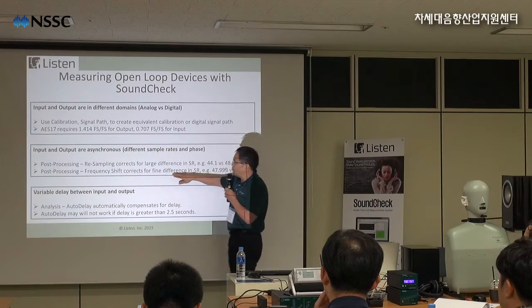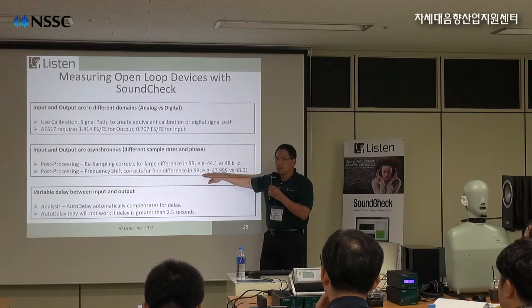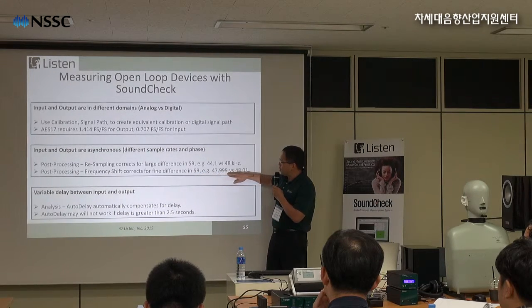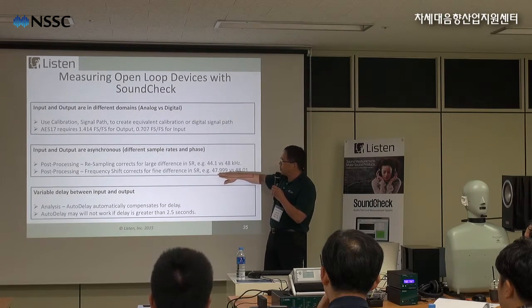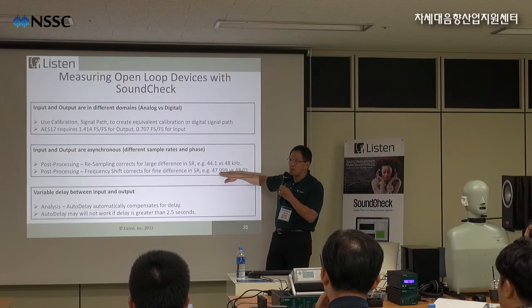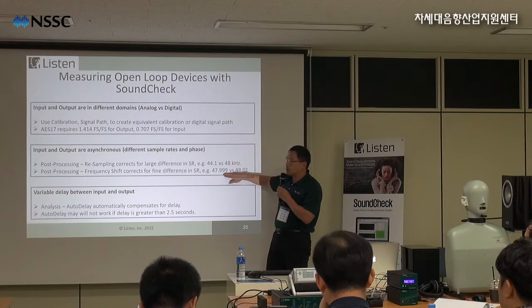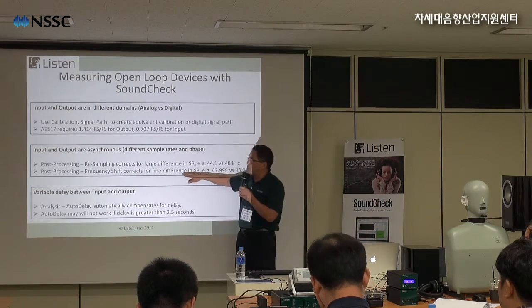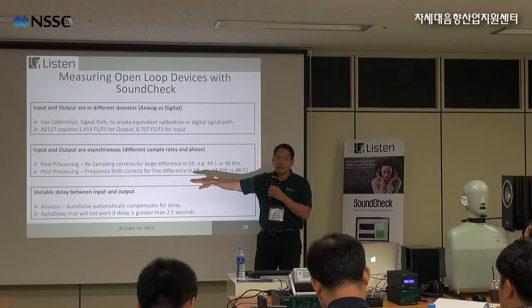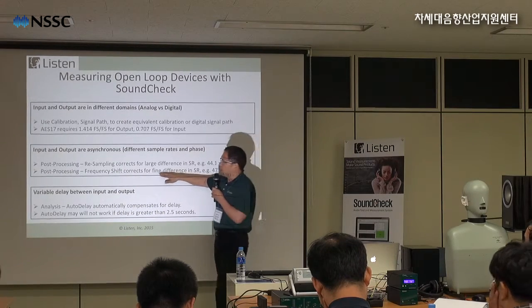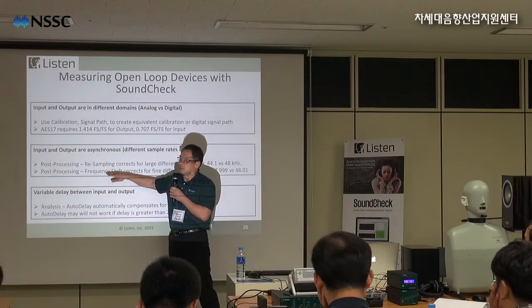And if it's a crystal clock difference, it might be a very small difference. 47.999, let's say, for one timing. The other one is 48.01. It's a very small difference, but over time that becomes a bigger problem. So this is another step that we have to take as well. It's called frequency shift.